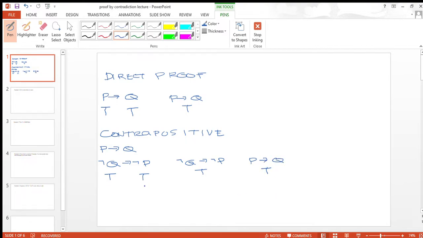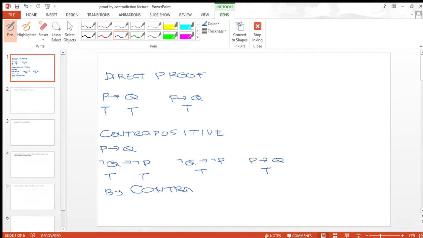So for today, we will now be looking at the third method. And the third method is what we call proof by contradiction. Okay, proof by contradiction.